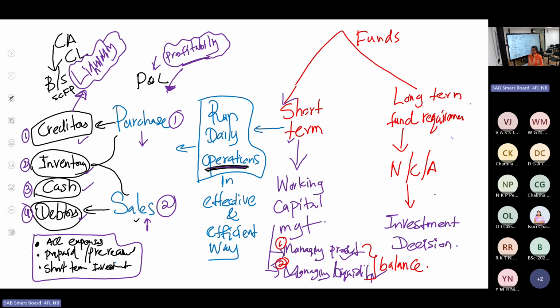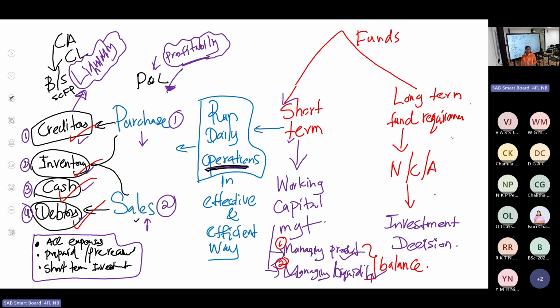To balance them, we have four items to be managed within the working capital management practices. What are these? Inventory management, creditor management, cash management, and debtor management. Companies need to manage these four main items which are included in working capital management.